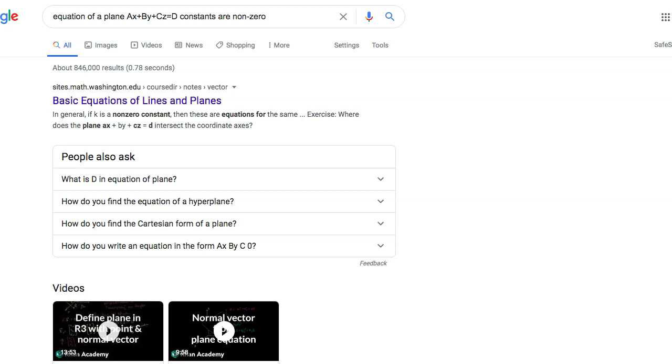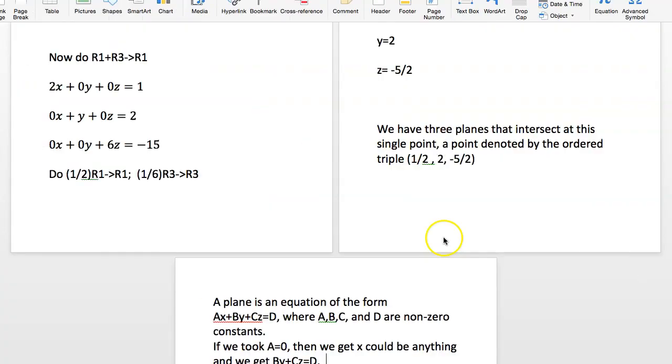Guys, I don't think it matters, because x could be anything. We get the equation of a line, but that line can lie anywhere. So we get the line by plus cz equals d, but this line can lie anywhere in the z plane, or in the x plane.